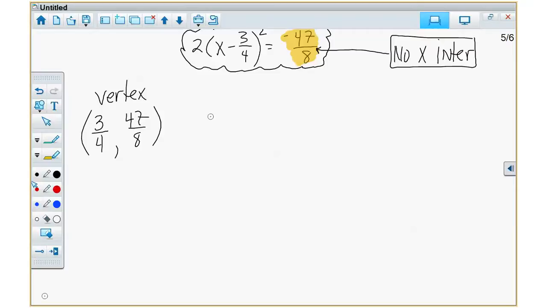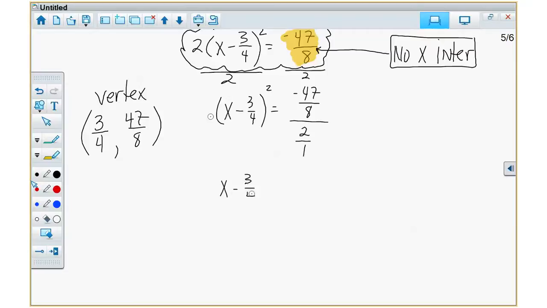And now we're going to finish it. So divide by 2, x minus 3/4 quantity squared is equal to negative 47/8 divided by 2 over 1. I was dividing by 2 on both sides. And it's going to give us x minus 3/4 quantity squared is equal to, multiplied by 1/2, negative 47 over 16.